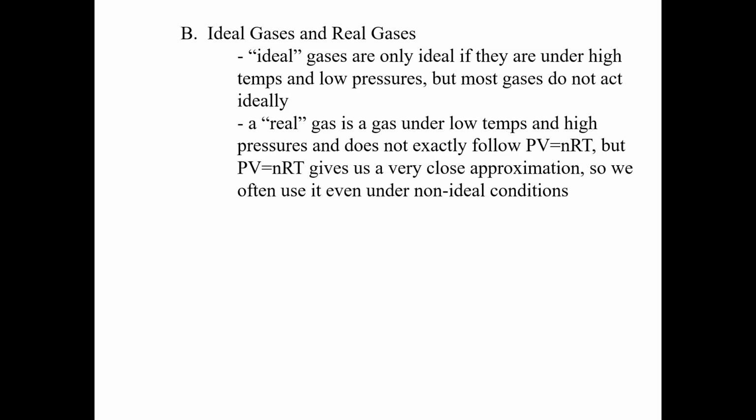So when we use the ideal gas equation, PV equals nRT, we're assuming that the gas is acting like a true gas. It's not acting like a gas that's about to turn into a liquid or anything like that, okay? We're assuming it's acting like a gas. And so we use PV equals nRT under most conditions because even if it's a real gas, it's pretty close. It's a very good approximation, and it gives us the numbers that we need without having to get too complicated.